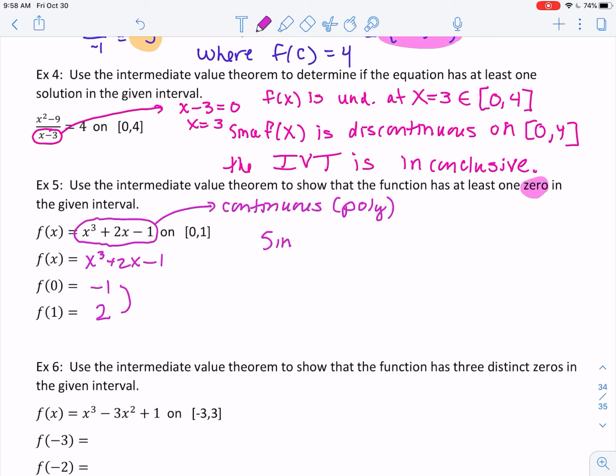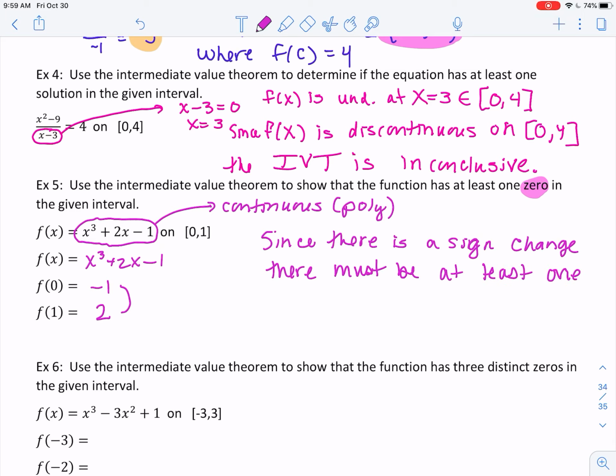All right, so we're going to write, since there is a sign change, there must be at least one value of c in the open interval 0, 1, where f of c is equal to 0.